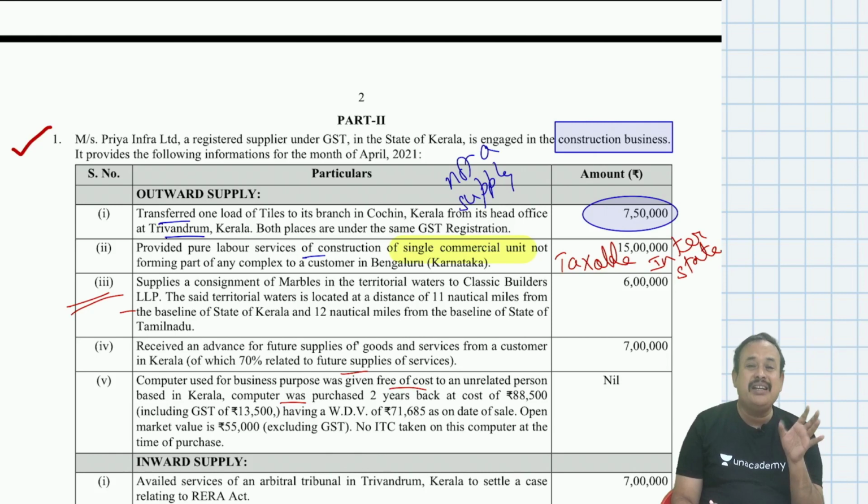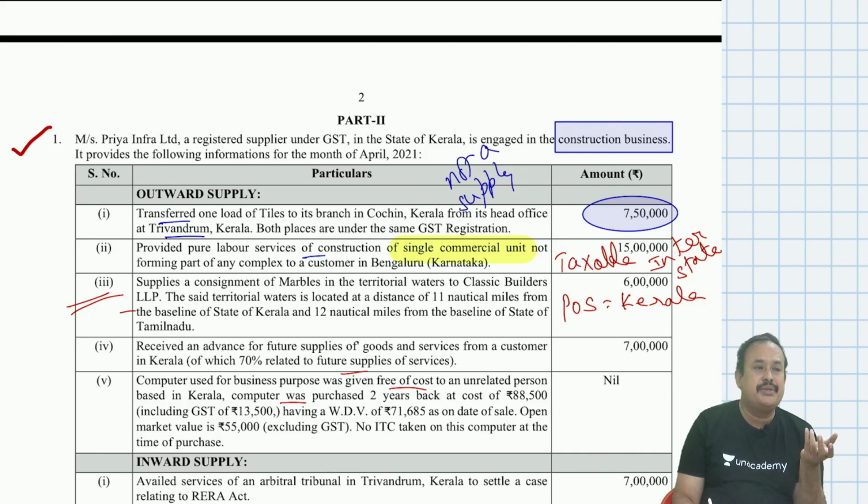So what is the nearest state? It is the state of Kerala. That means supply of the consignment of marble in the territorial waters within 11 nautical miles from the state of Kerala; the place of supply is Kerala.